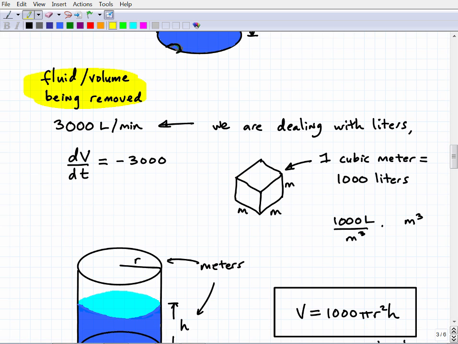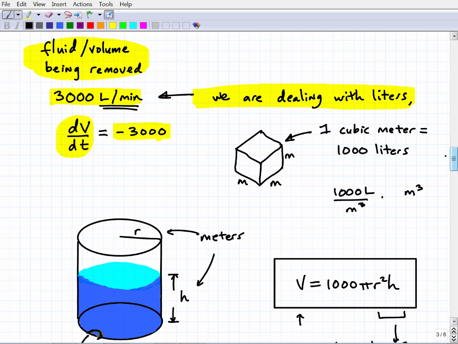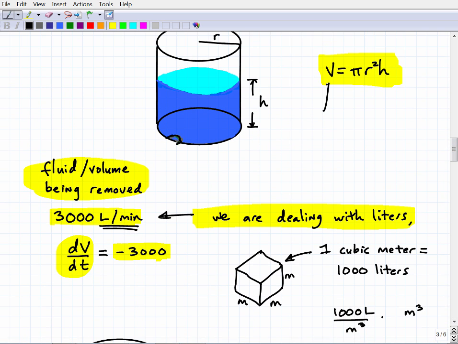We know that the volume being removed is 3,000 liters per minute, so our dV/dt is negative 3,000. But we're dealing with a rate of change that has a specific unit of measure, and that's liters per minute. Remember, the volume is being measured in liters, not gallons.